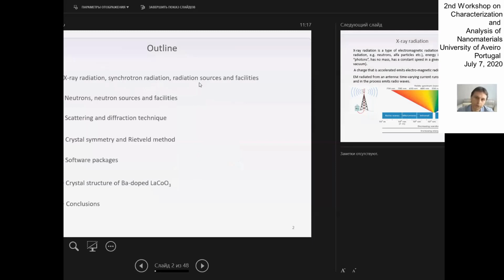We will also talk about neutrons, because neutron diffraction is a very powerful technique. We will talk about scattering and diffraction techniques and the possible experiments. Some words about crystal structure and the Rietveld method, which is a very powerful method to refine the crystal structure of a material. A few phrases about the software we can use.